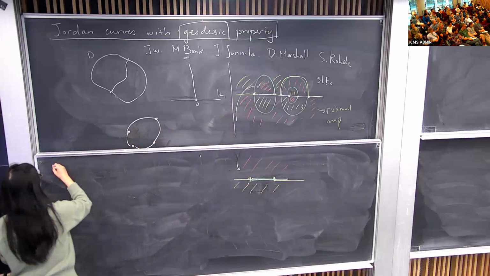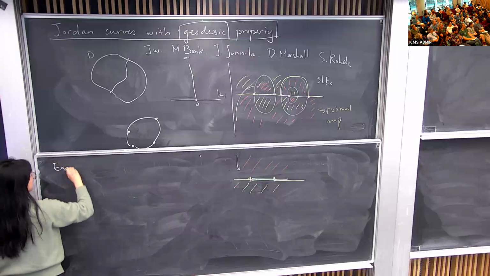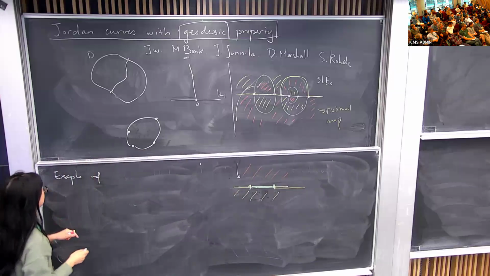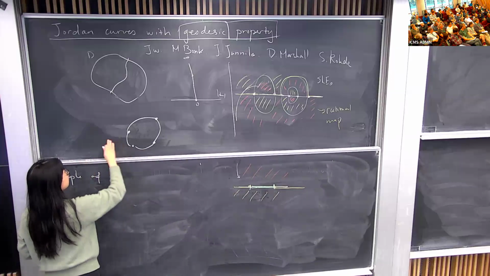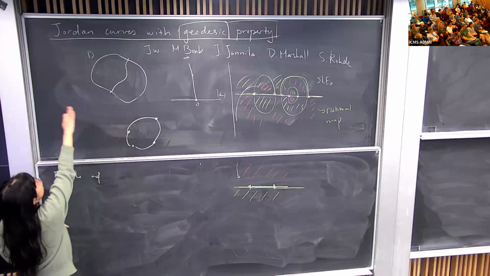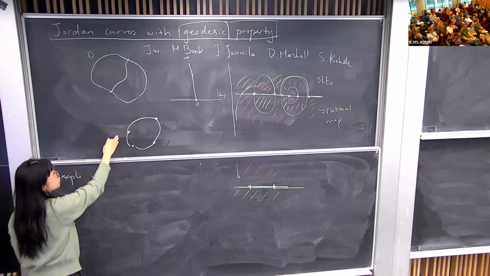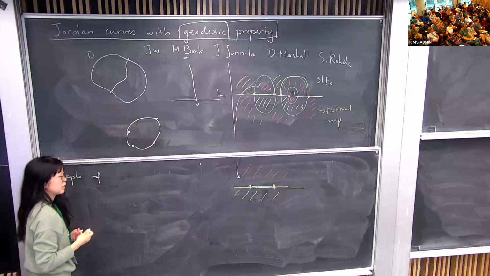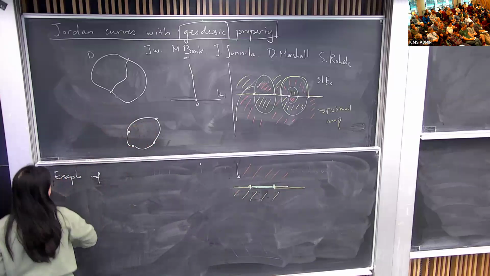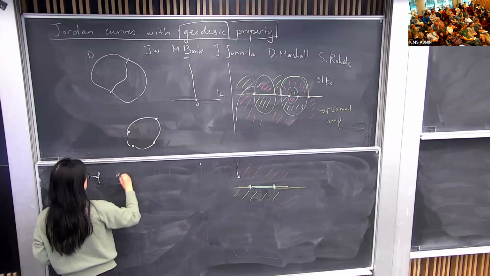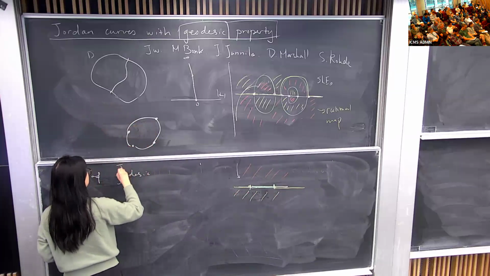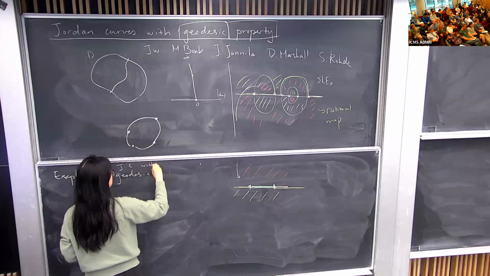And let me give you some more examples. Well, we'll look at Jordan curves with geodesic property. They will be all curves, graphs of degree 2. Examples of Jordan curves with geodesic property.